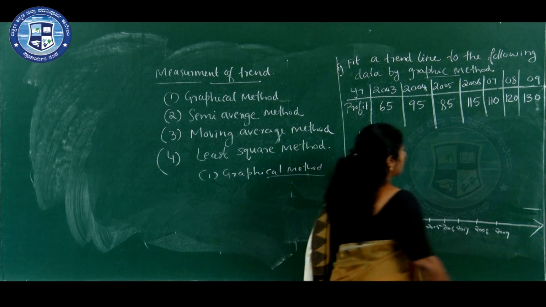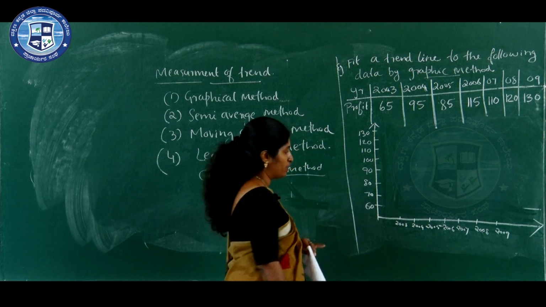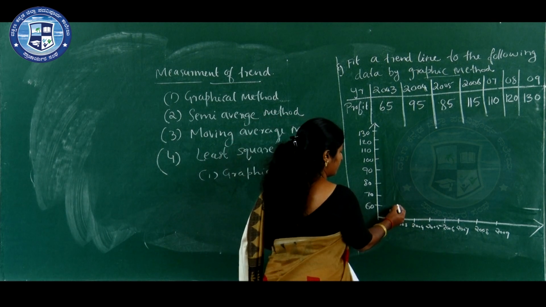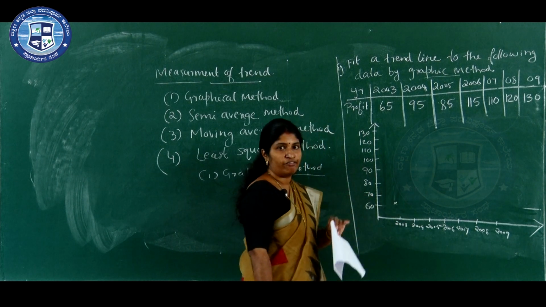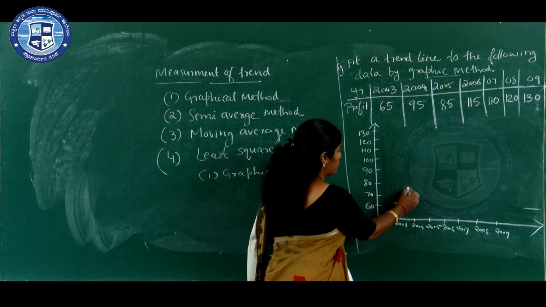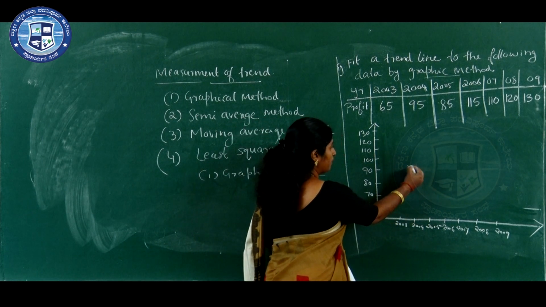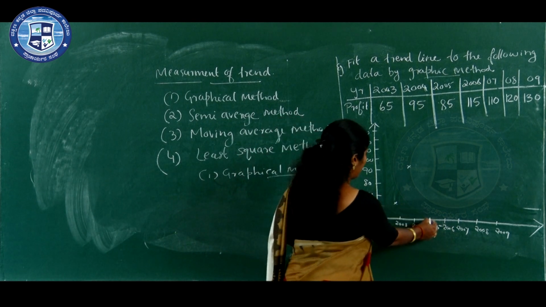Now, 2003 corresponding value is 65. Mark that. Next is 2004, corresponding value is 95. Mark that. Then 2005, that is 85.